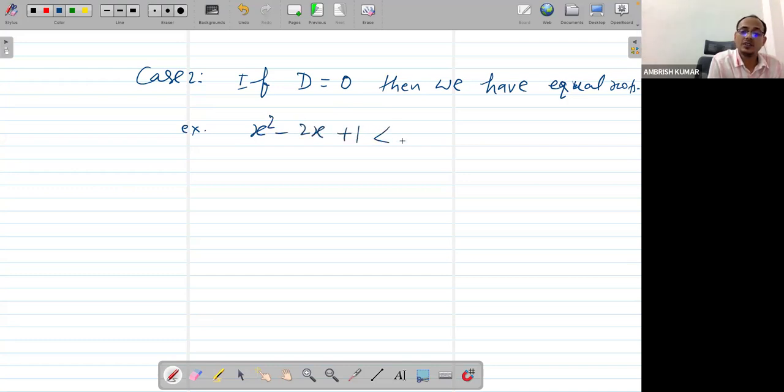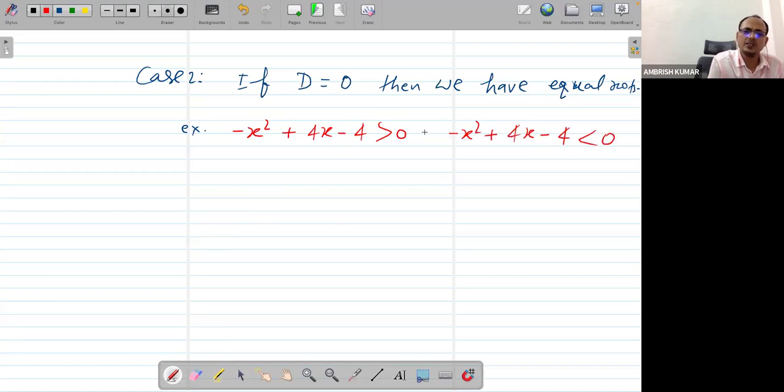We have to solve for less than 0. And taking some negative sign also, this time we take an expression having a negative coefficient, like let us say negative x square plus 4x minus 4 greater than 0. And the same thing we have to solve for less than 0.